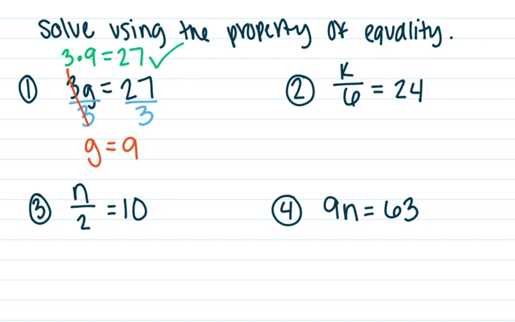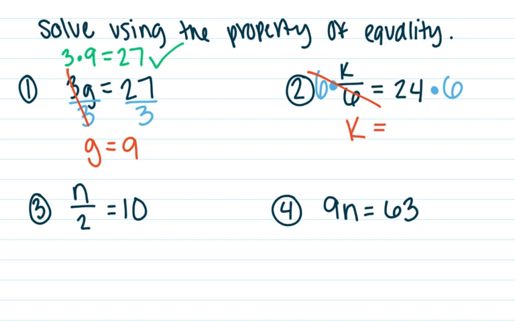On number 2, we have an equation that's having us divide by 6. Remember, this is the algebraic way of writing dividing by 6. To undo division, I am going to multiply both sides of my equation by 6. When I do that, it is going to cancel the 6's over here and leave k by itself.